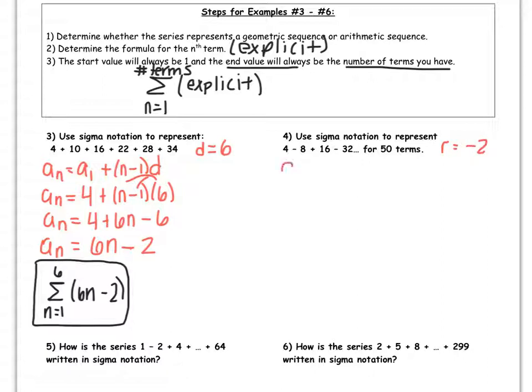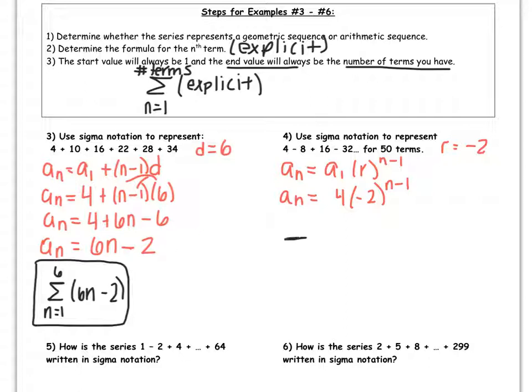So the first step is to write an explicit formula, and since this is a geometric sequence, my explicit formula is like this. And we're going to plug in my first term, which is 4, my r, which is negative 2, and we're going to leave it to the n minus 1 power.